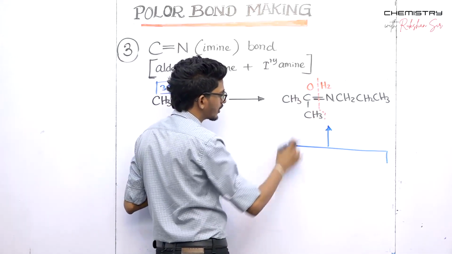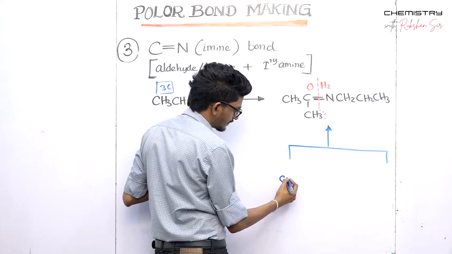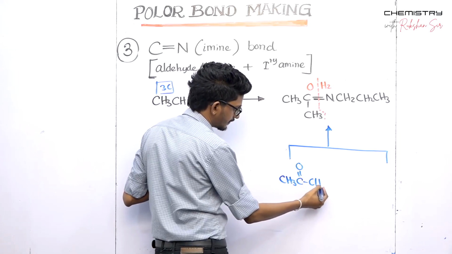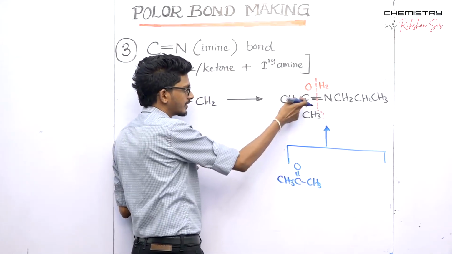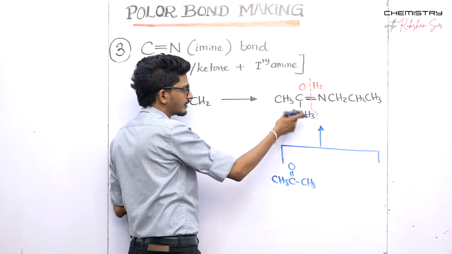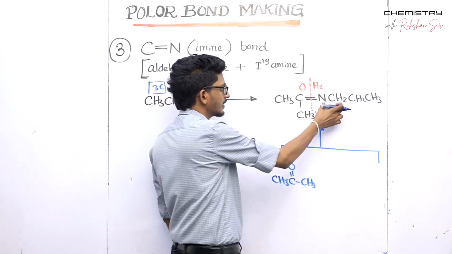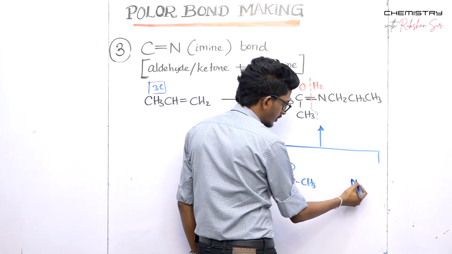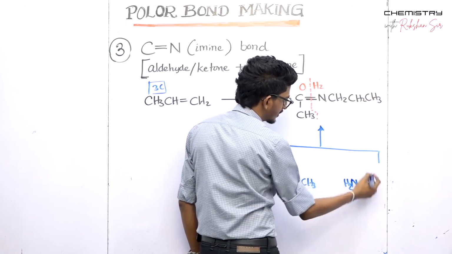So this is actually a ketone, CH3COCH3. You can write it like this as well, no worries. This is your ketone, CH3COCH3. Then this one is CH3CH2CH2NH2, so you have the NH2 with CH2CH2CH3.